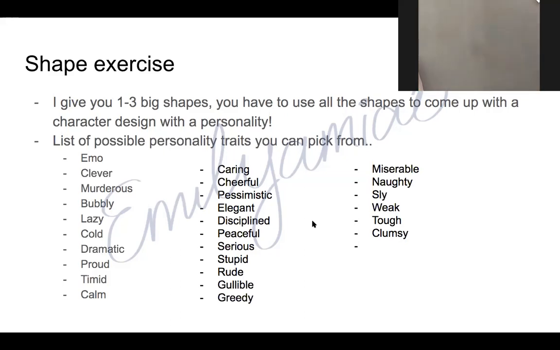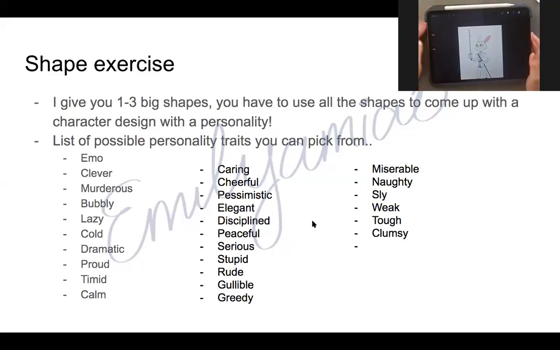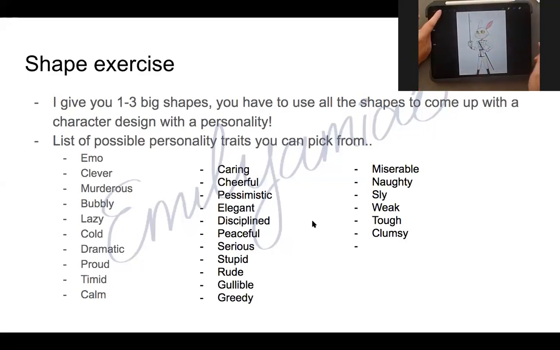Miss Emily, is there a way to download the drawings you do on Procreate? Yeah, there is. I'll show you later. Okay. So go on Procreate and see this little tool like this.